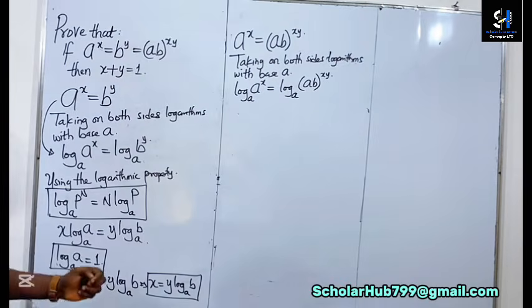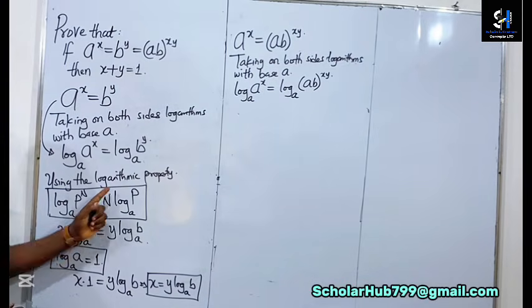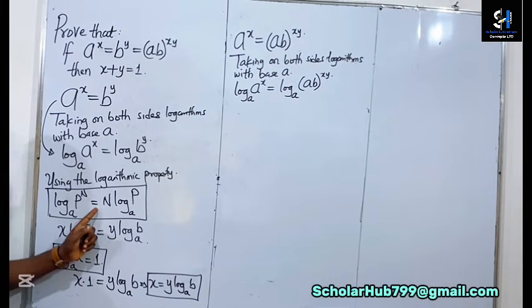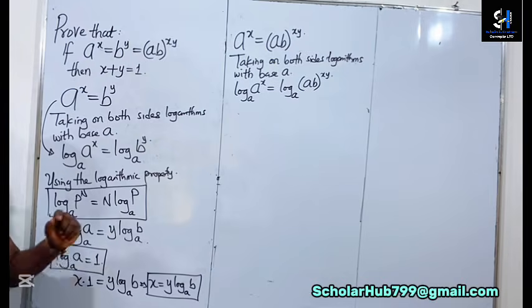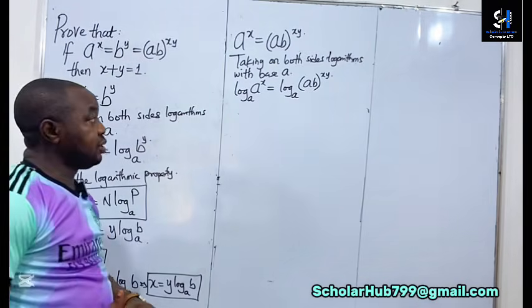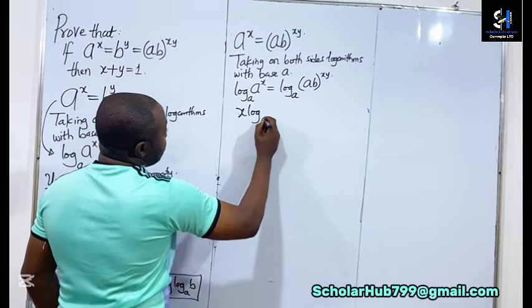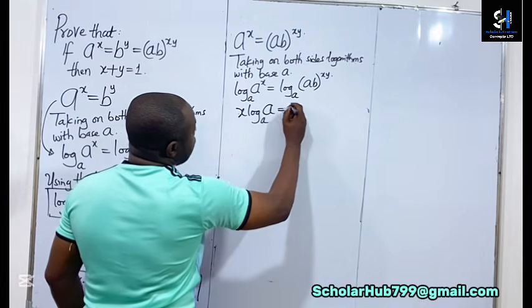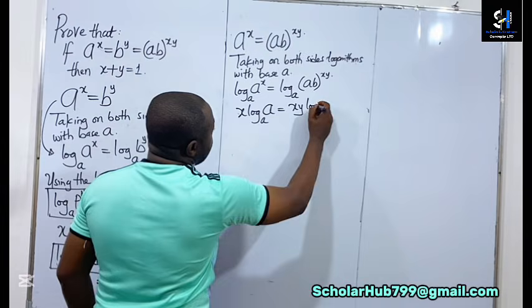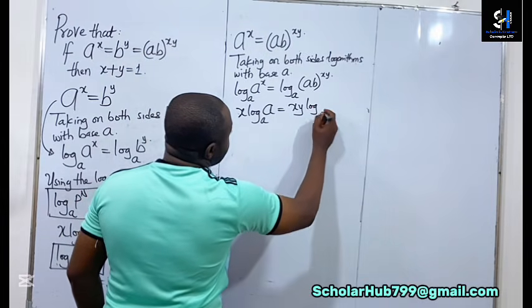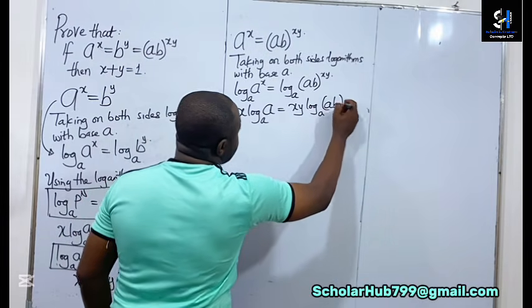Then again, I'm going to apply the logarithmic property: logarithm to base a of p raised to the power of n equals the product of n and logarithm to base a of p. So in this case, this will be x logarithm to base a of a equals xy multiplied by logarithm to base a of ab.